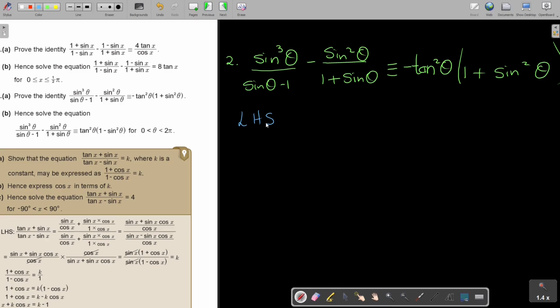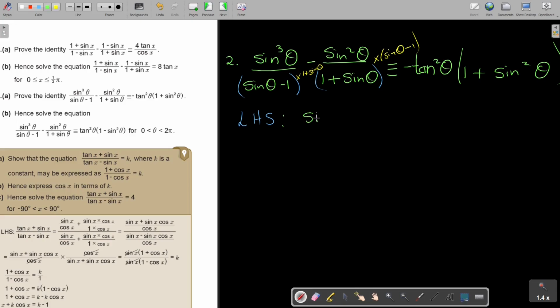My common denominator, I'm going to first just take this one and work with it. I'm going to multiply there with 1 plus sin theta, and there I'm going to multiply with sin theta minus 1. So let's just start.